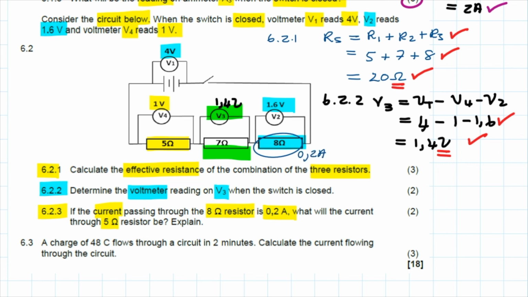But we know that this is a series circuit, and in series, current is constant. So therefore, the current that is flowing through the 5 ohm resistor is also going to equal 0,2 amperes. And the reason we can say so is because current is constant in series.